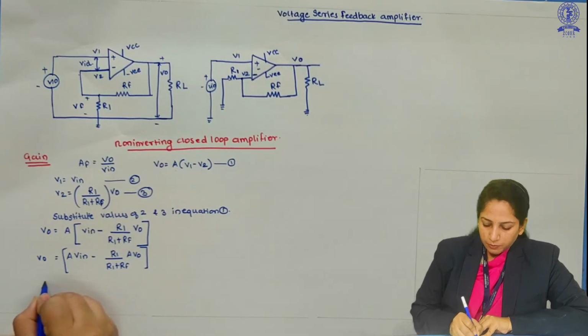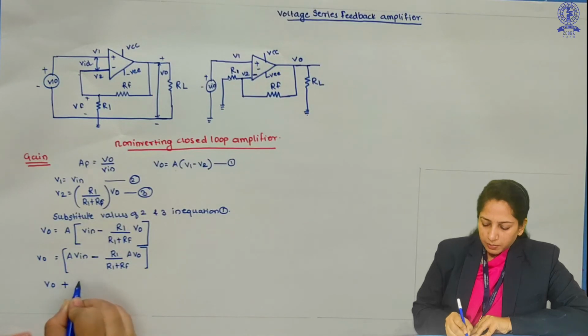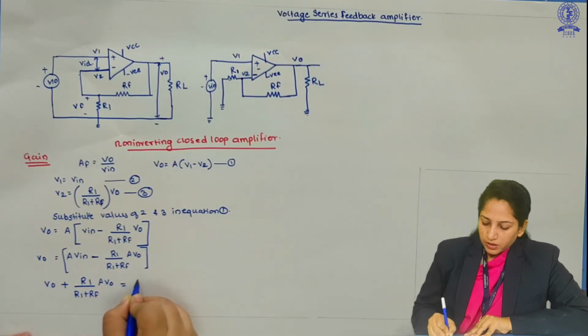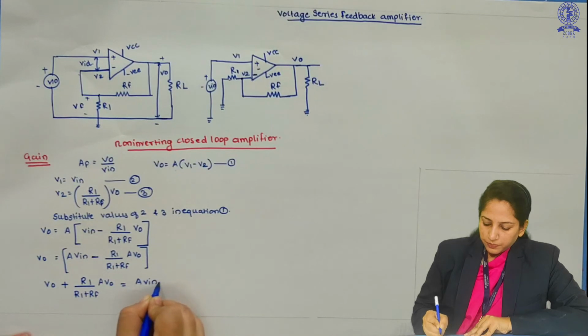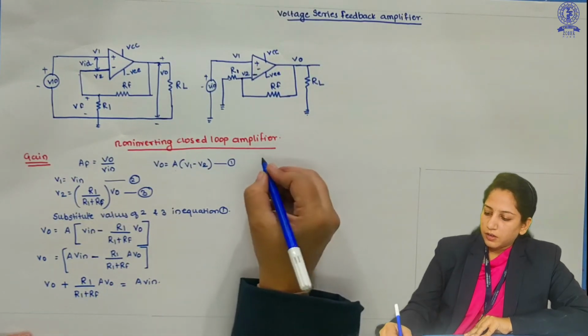So here it will become V0. This minus term, if I shift it here, will become plus R1 upon R1 plus RF into A V0 is equal to A V in. Okay, I will take V0 common here.